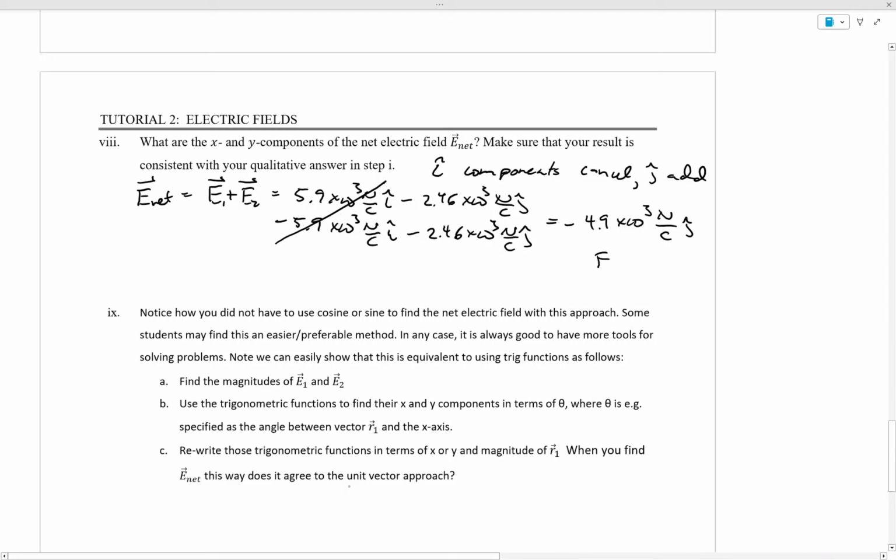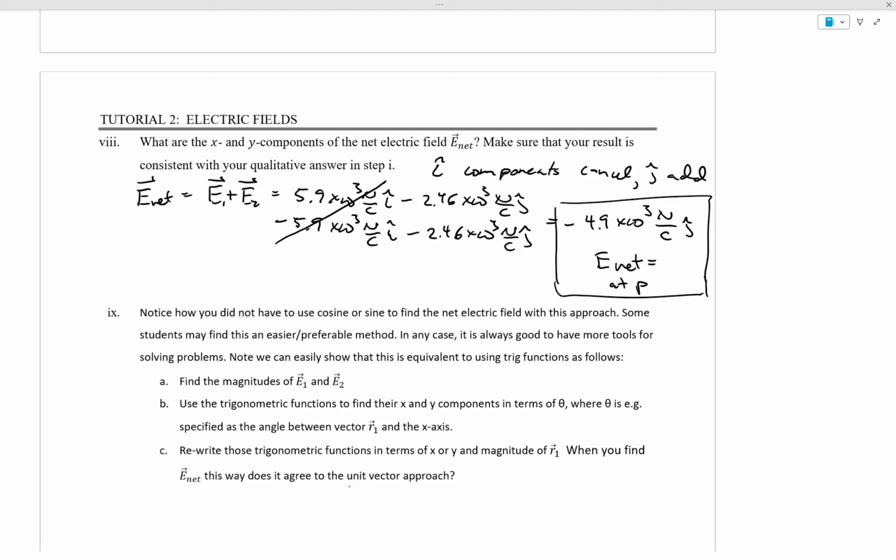And that's our result. That's the net electric field at P, that number. All right, so that's how you do it with the unit vector.